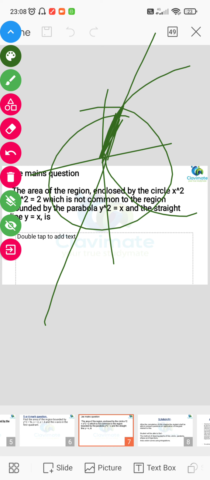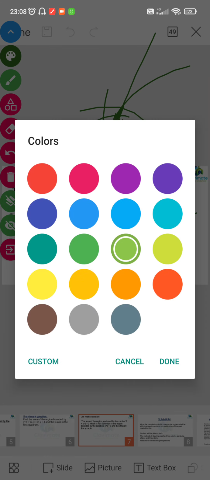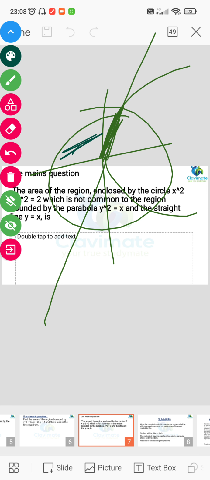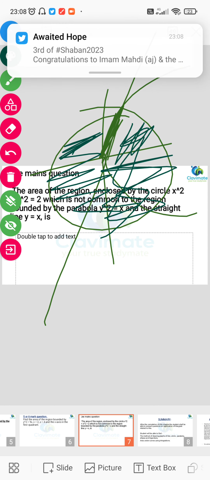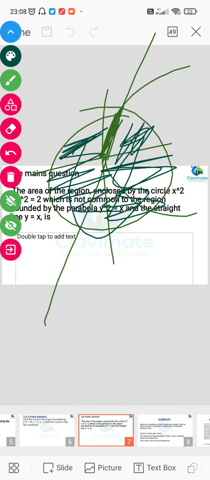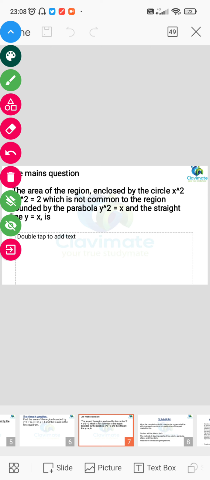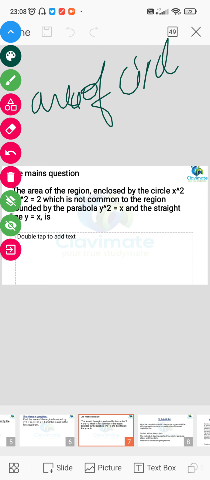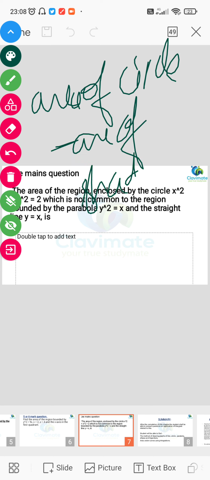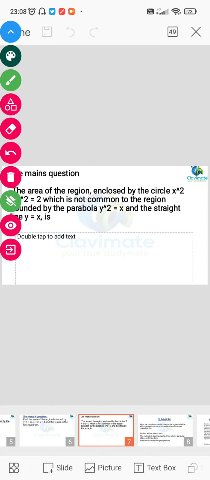So we had to find the area of this portion, and the area of this portion was the area of the circle minus the area of the shaded region. I hope this question is now clear.